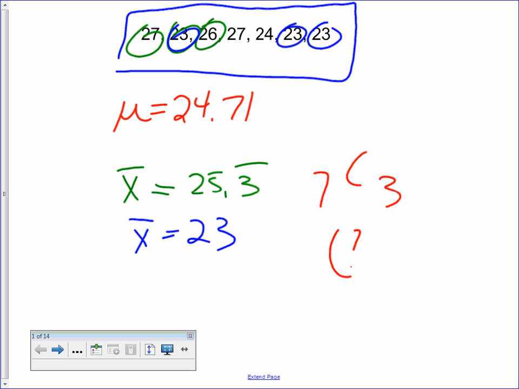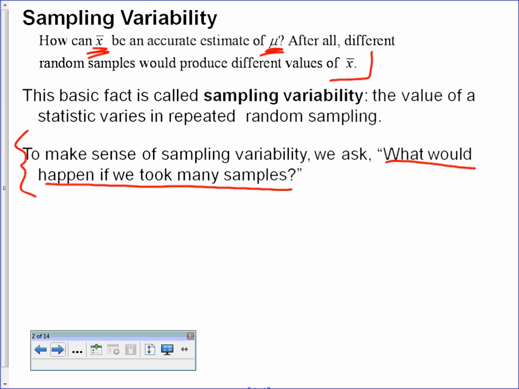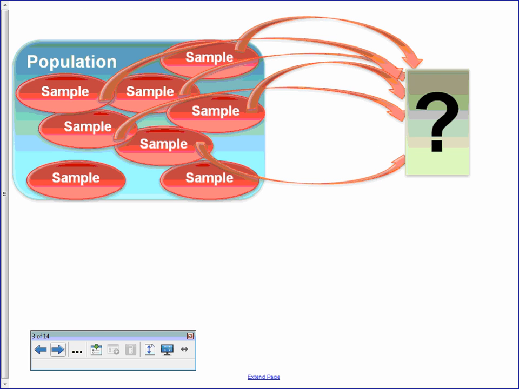If we were to do that in our calculator, there are actually 35 different distinct individual samples I could take of 3 from that group of 7. And so what we would look at is what each one of those looks like and look at what the distribution of all of those possible samples is.